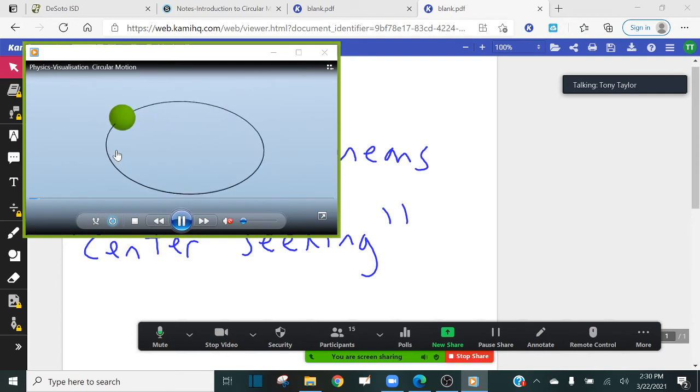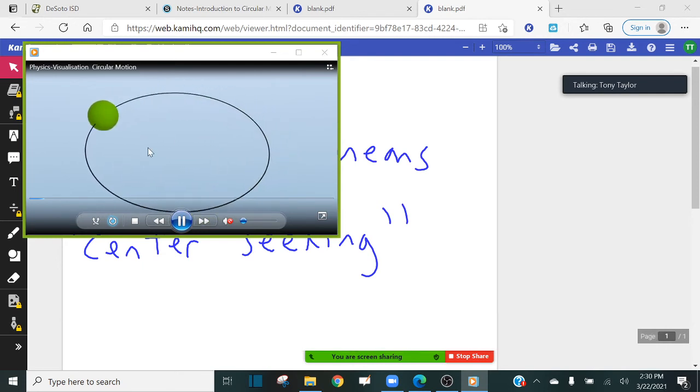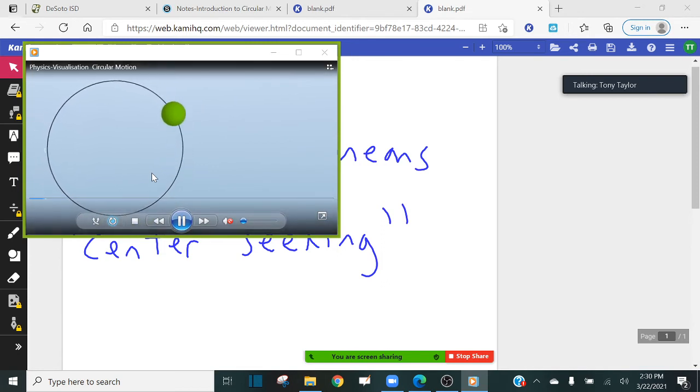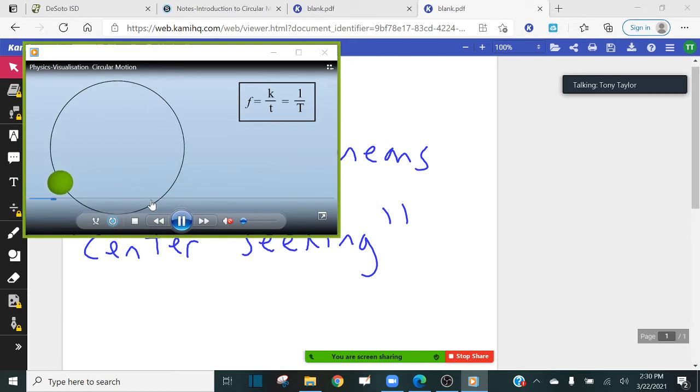Okay, guys, to sum up everything that I just said, anytime you have an object moving in a circle, its motion can be described by two variables. It can be described by a tangential velocity and by a centripetal acceleration.